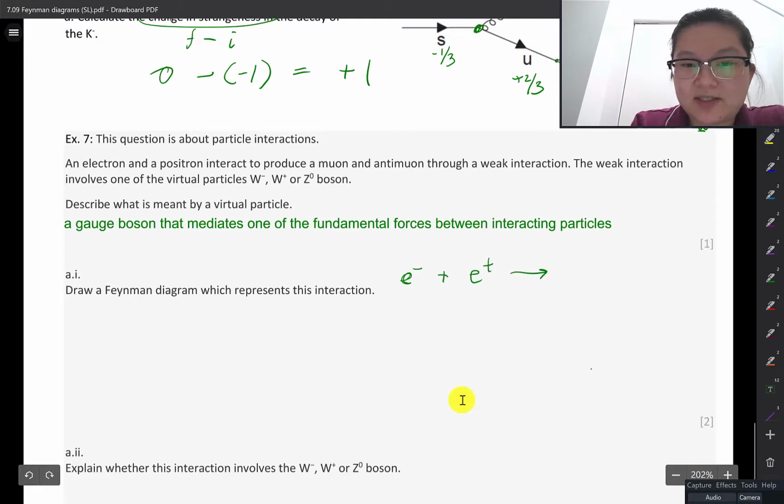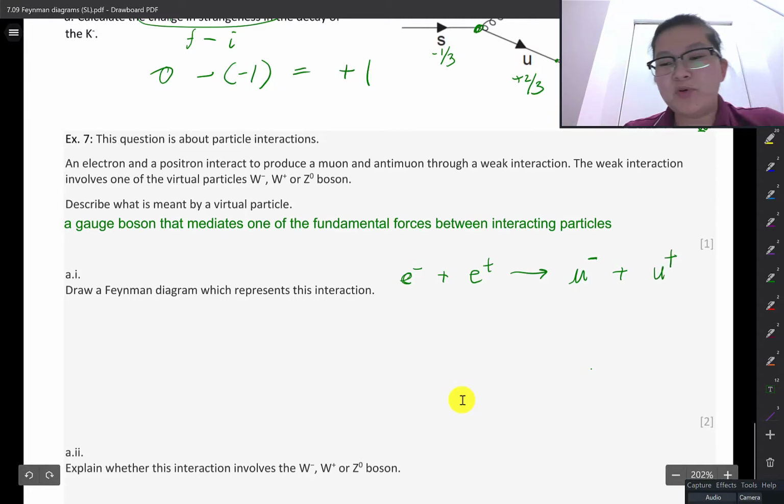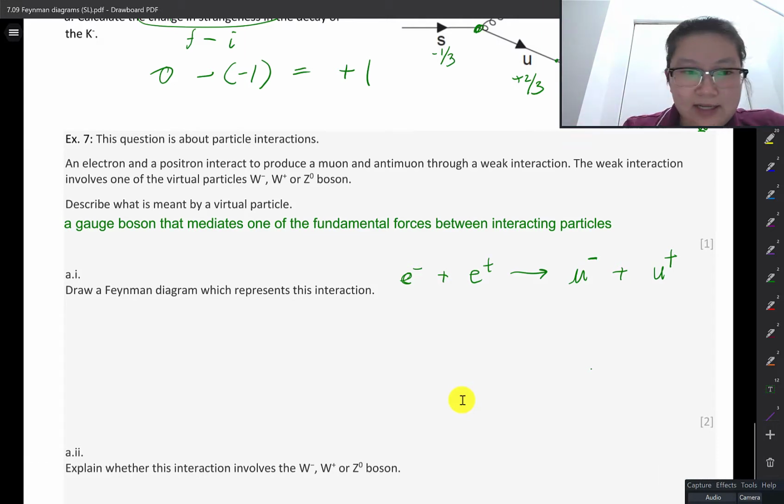This is going to give us a muon, which also has a negative charge, as well as an anti-muon. The anti-muon is going to have a positive charge just like a positron. It's going to involve one of the virtual particles, and we will draw the diagram.